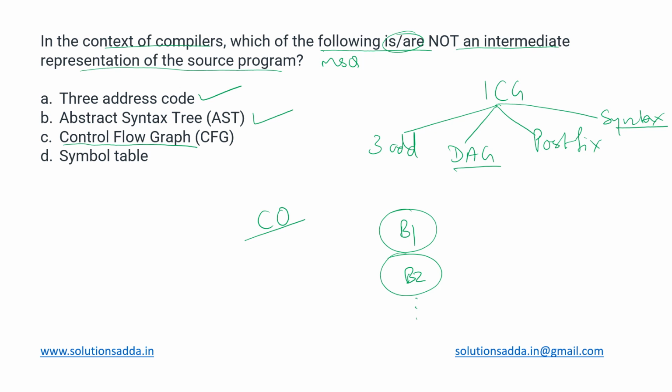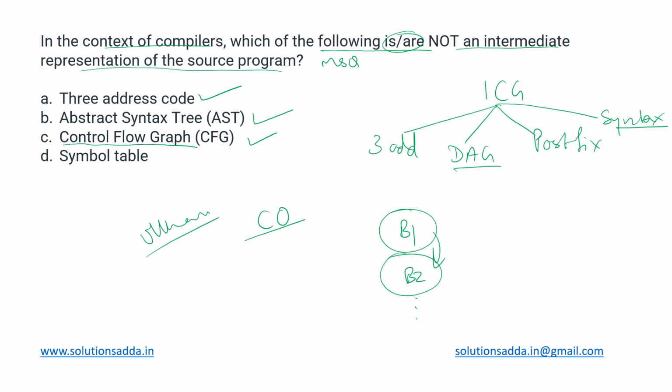When one basic block is complete, then we go into the next node. So that is how it is said to be a graphical representation of the intermediate code itself, as it has been mentioned in the reference book Ullman. And hence all of these three would be considered to be the intermediate representation of source program.